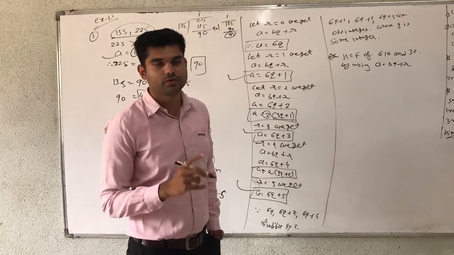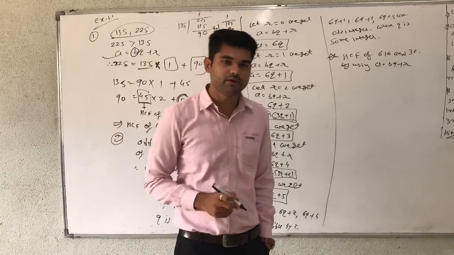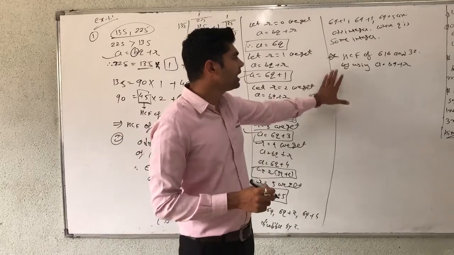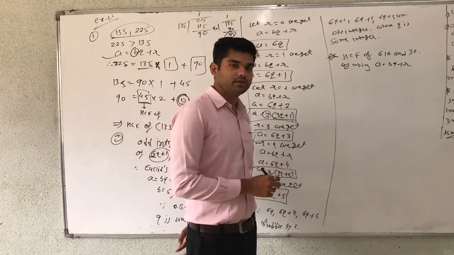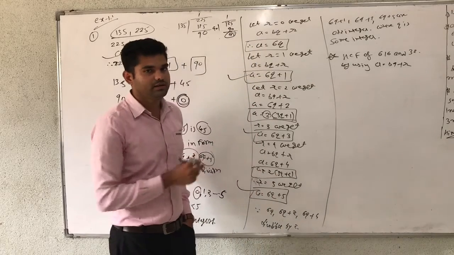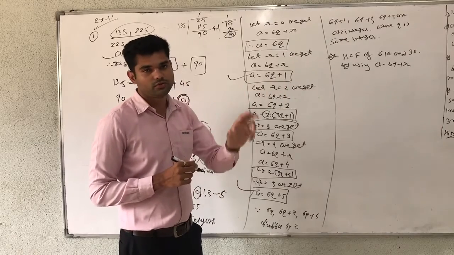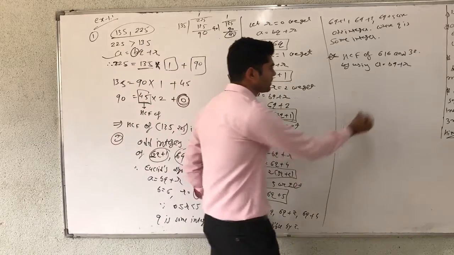When you see maximum, you must find the HCF. When you see minimum or less, this type of sentence, you use LCM. We will study LCM in the next exercise; only HCF for exercise 1.1. So for HCF, focus on the word maximum.